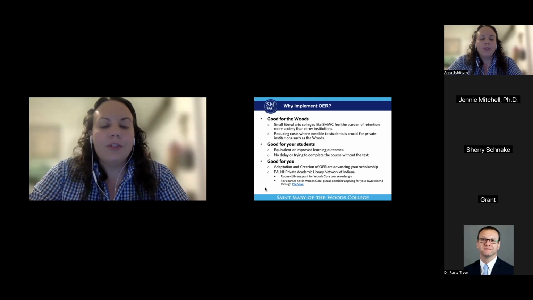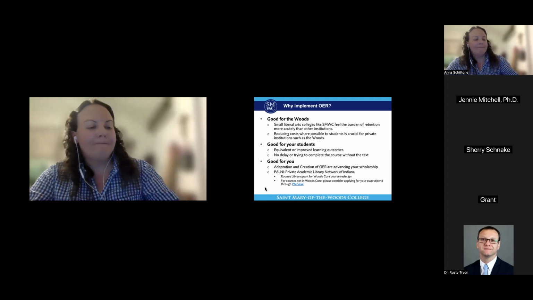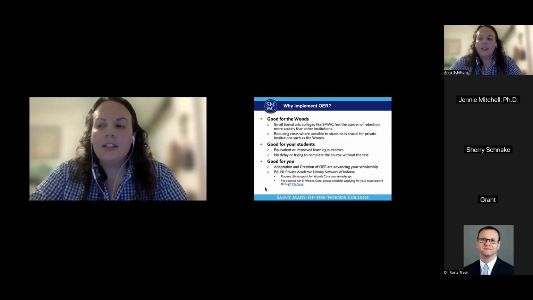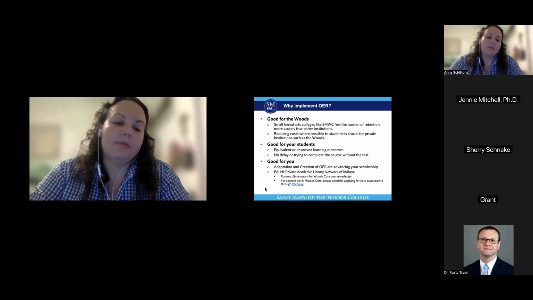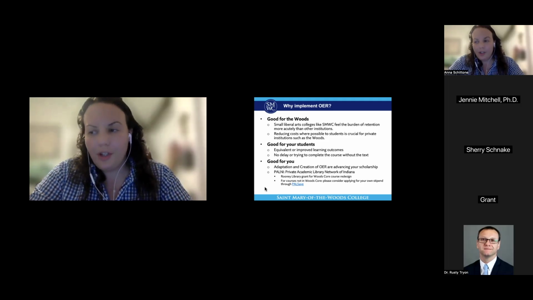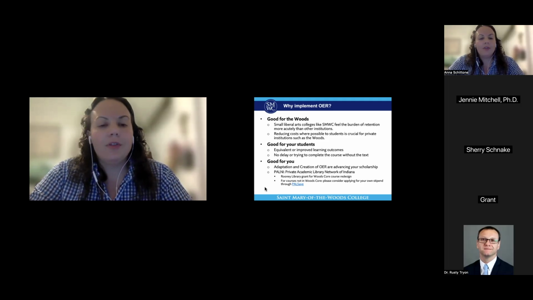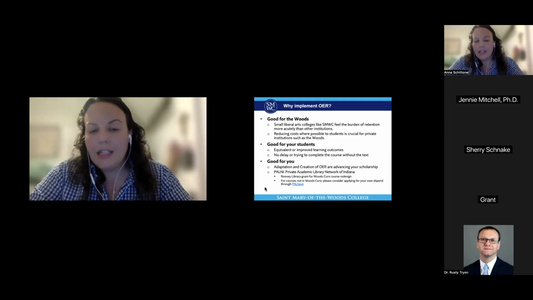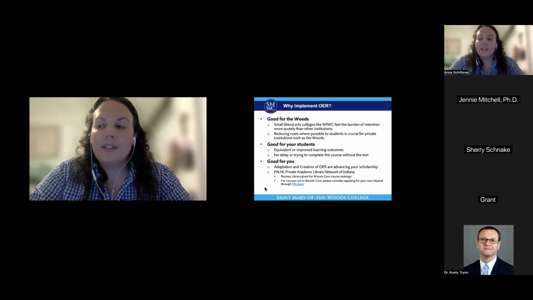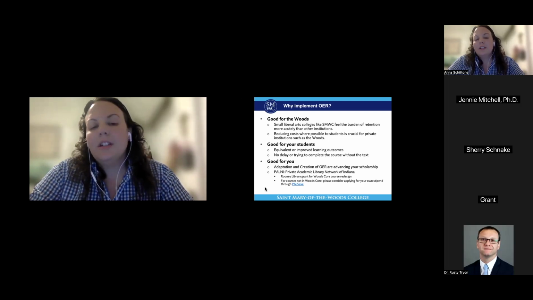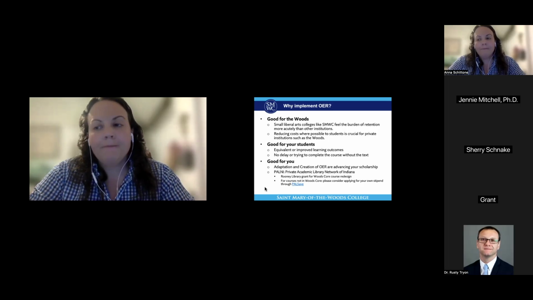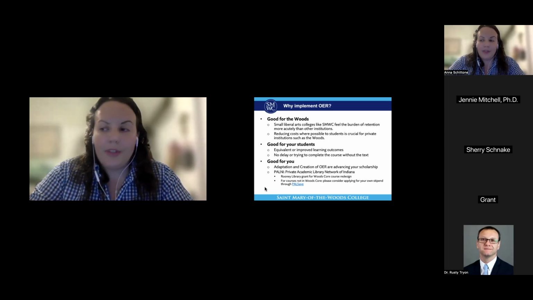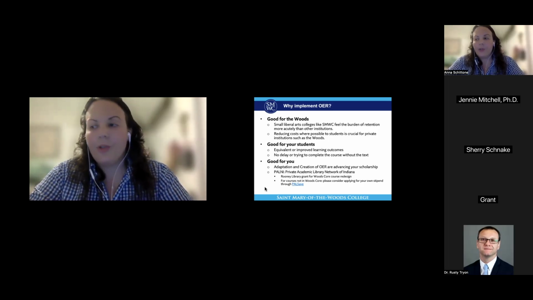So to give you an idea of the different PalSave stipends, if you just review an open textbook, depending on different things, they offer stipends of $100 to $300 for that. If you adapt or create and thereby redesign a singular course for use of OER, their current stipend is $700 per course redesign.